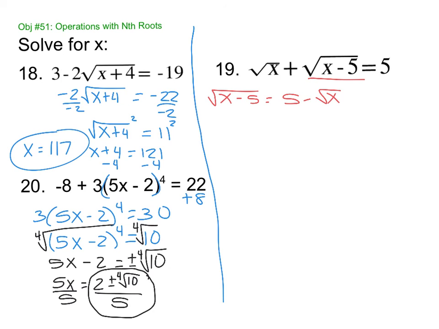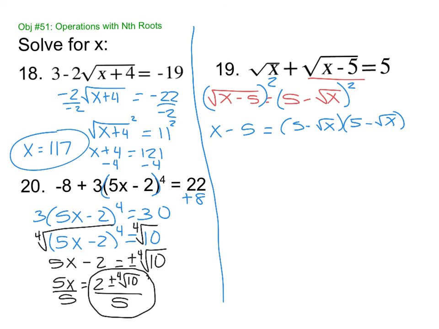And then we square both sides to get rid of the square root. But when you square both sides, this cancels, which is nice. But this is 5 minus root x times 5 minus root x. Make sure you FOIL that out.